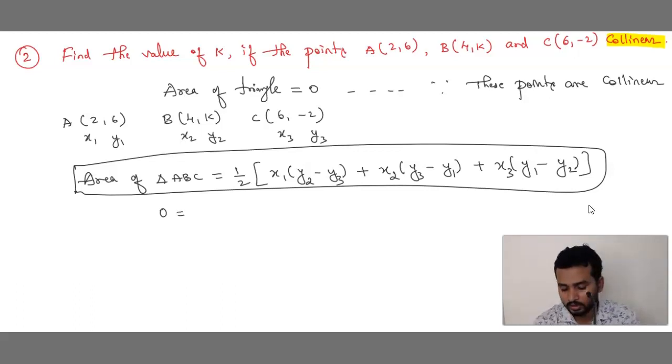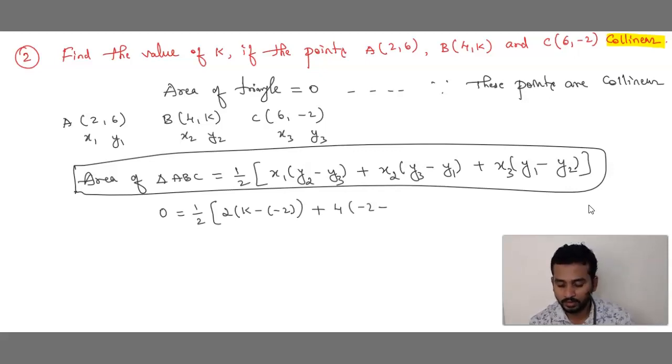That is 0 equals half into x1 value 2, y2 k minus y3 minus 2, close the bracket, plus x2 4, y3 minus 2 minus y1 6, plus x3 6, y1 6 minus y2 k.